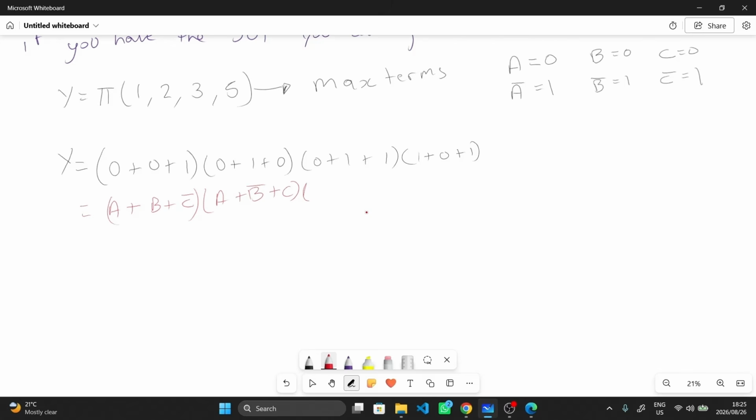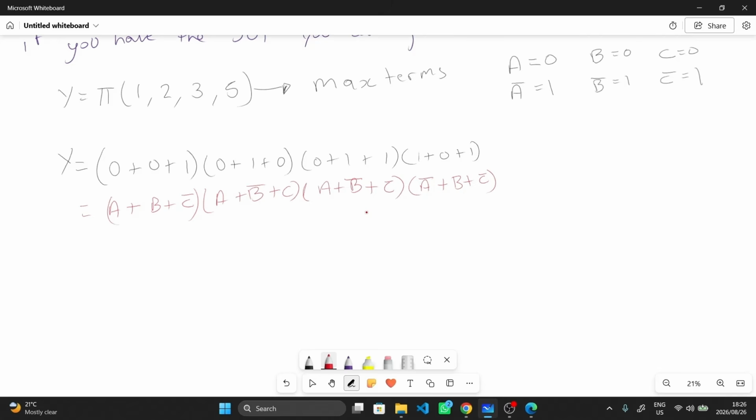Similarly, in this case, A is 0, plus B complement plus C complement, because both of them are 1, right? So in this case, A is 1, so A complement plus B plus C complement, right? And maybe you might have a question as well, but before I go to that.